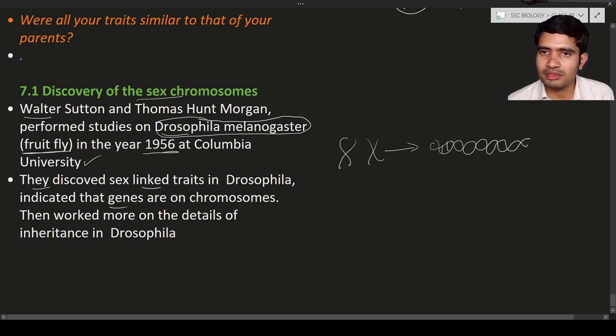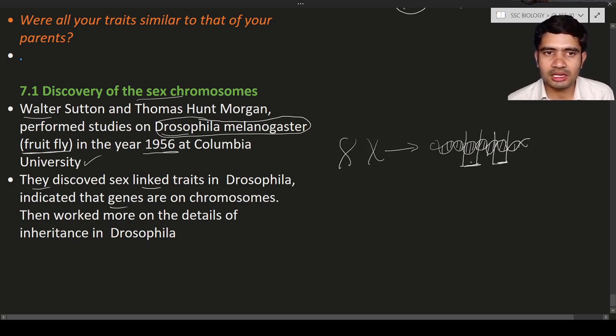The DNA contains the base pairs, the nitrogen bases, which are chemical bases present between the two strands of the DNA. You can see here, from here to here one gene is there, from here to here one gene is there, and so on. These genes are deciding the characters or traits.